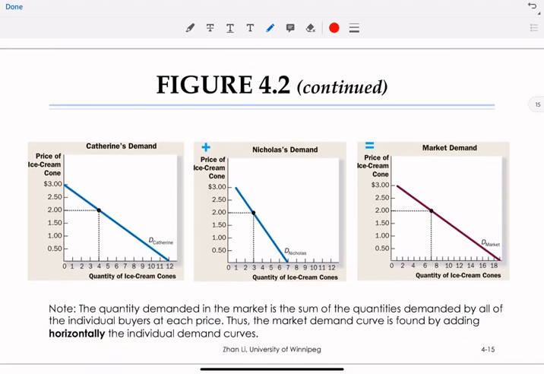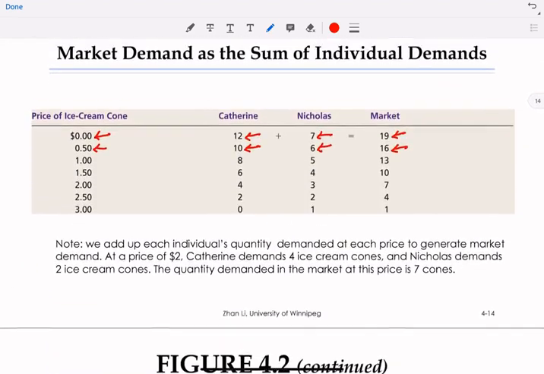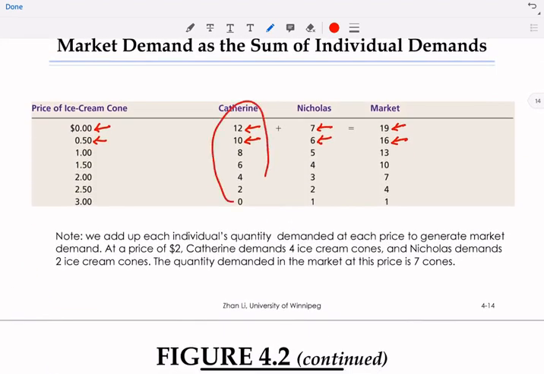We have three little pictures here. This one draws out Catherine's demand. Again, how do you draw this demand curve? It's pretty simple, right? Because you have these numbers and you have these prices.